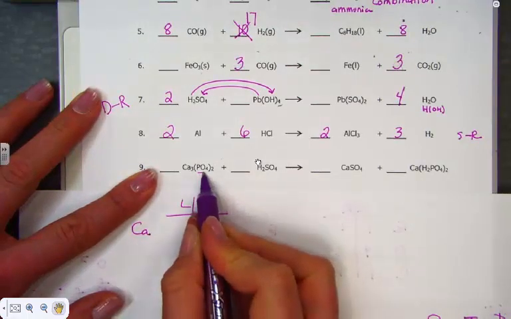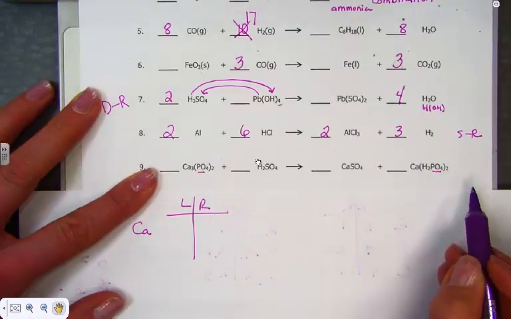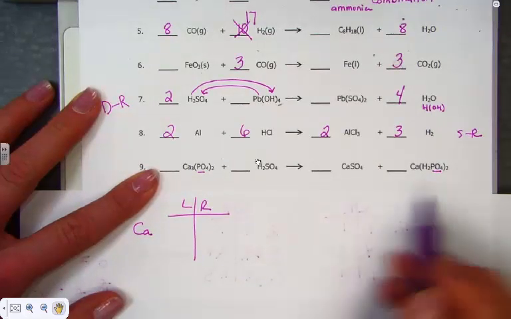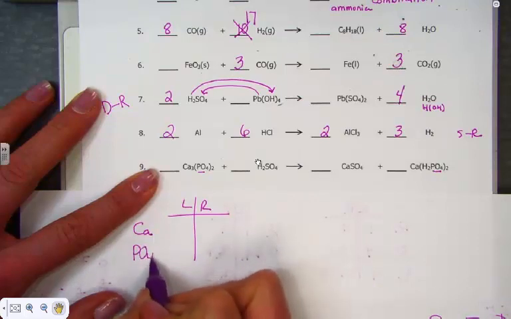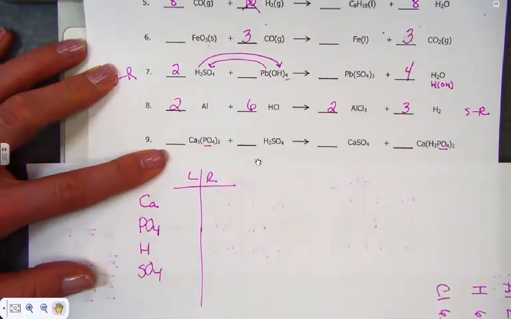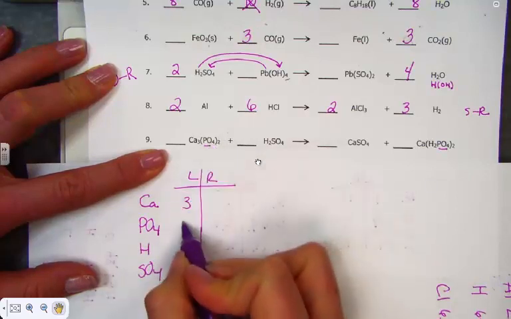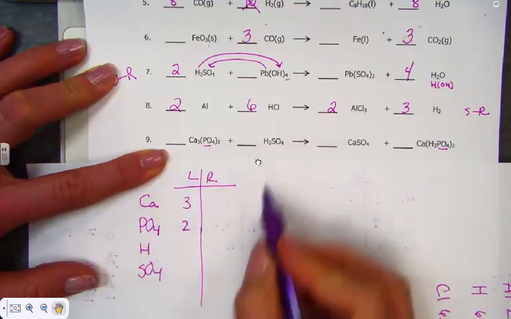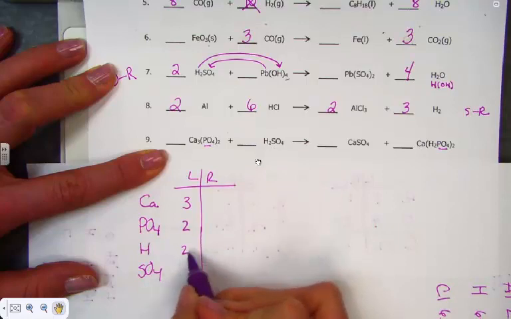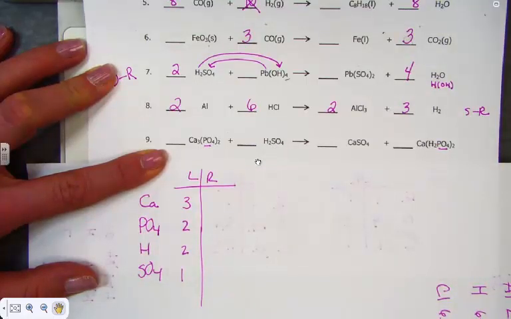I'm going to leave the phosphate together. And I see the hydrogen, and let's leave the sulfate together. Let's see what we got. 3 calciums, 2 groups of the polyatomic phosphate, 2 hydrogens, and 1 polyatomic ion sulfate.